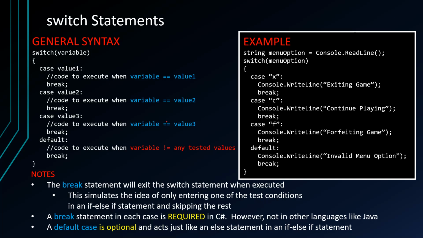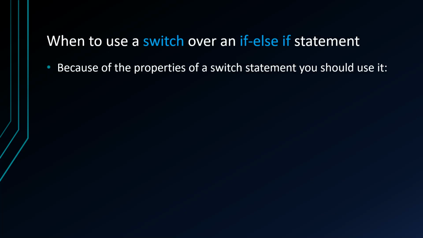Okay. We're almost done. So how do you know when to use a switch statement over an if-else if statement? Well, it all depends on what program you're building. Because of the properties of a switch statement, you should use it in these scenarios. When you're not dealing with ranges of data.